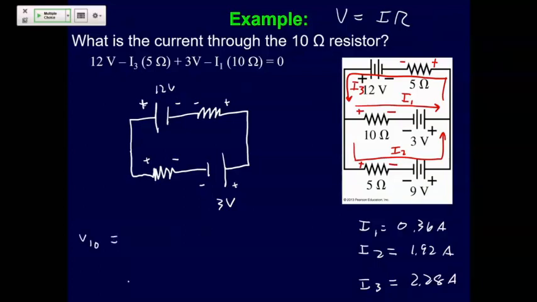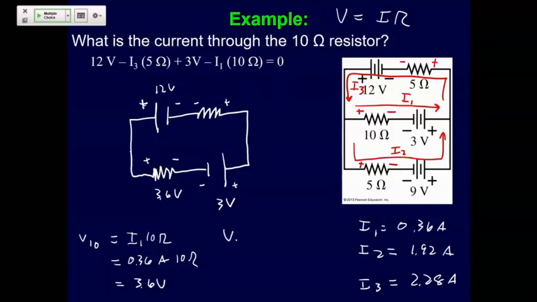That's current I1, so I1 times 10 ohms. Plugging in 0.36 amps times 10 ohms, I get 3.6 volts.